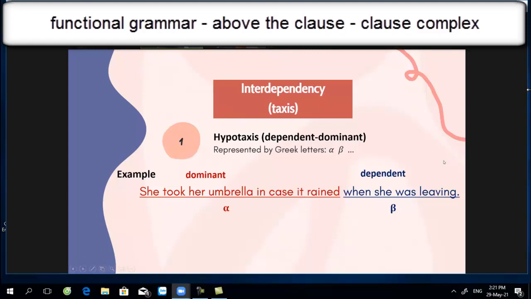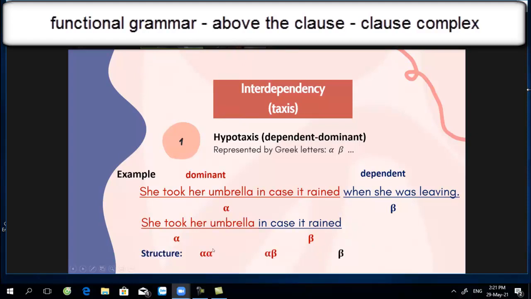And as you can see, the primary clause we can divide into smaller parts. She took her umbrella is the primary clause here, and in case it rained is the secondary clause. So we have another alpha and beta here, and the structure for the whole sentence, we can say something like this. So the alpha, and alpha, beta, and the beta here.